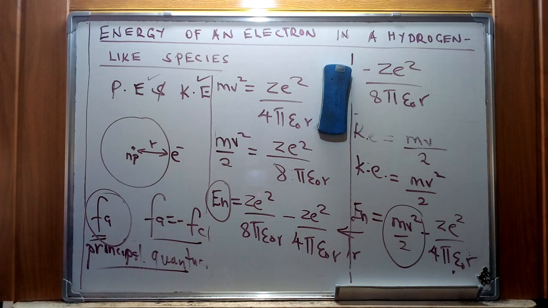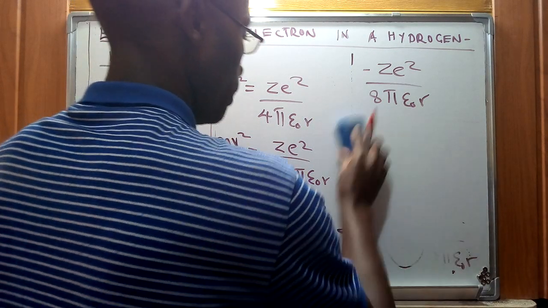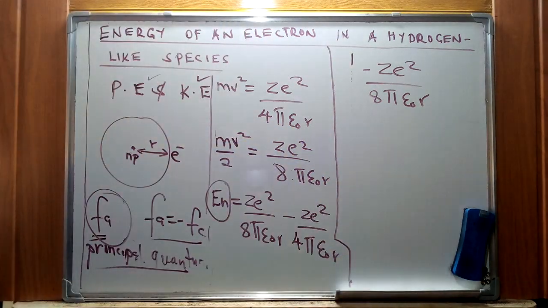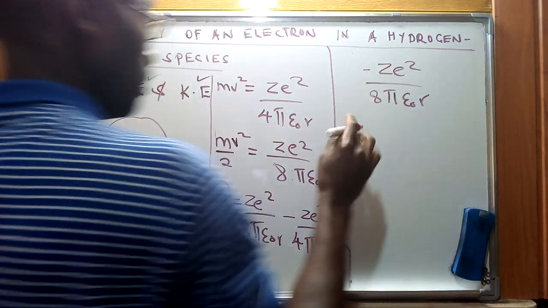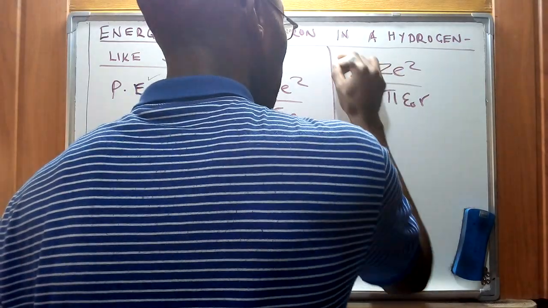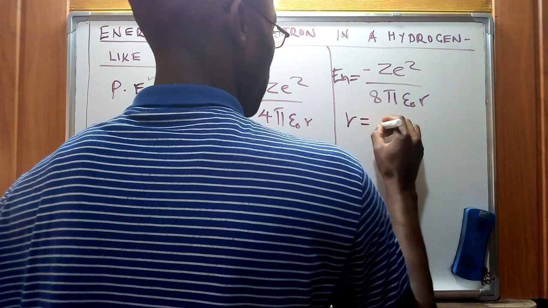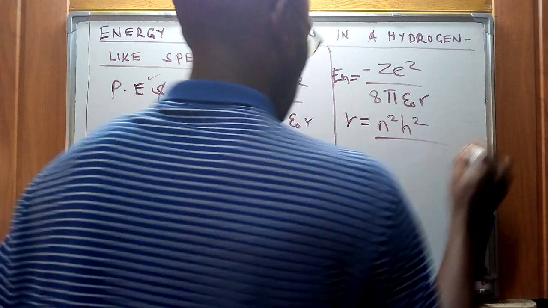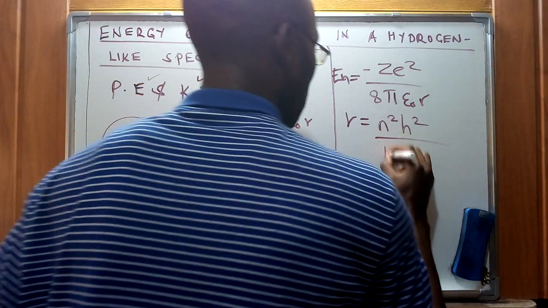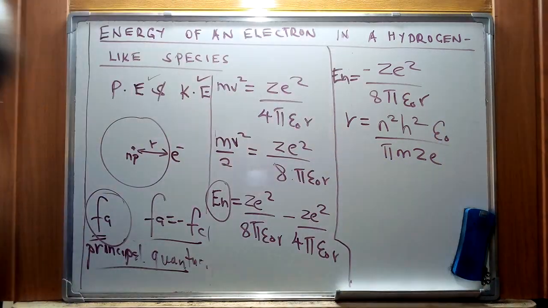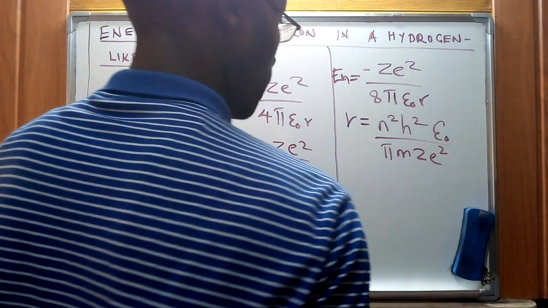But we had mentioned earlier from the first discussion that the r represents the Bohr radius from this hydrogen-like species. So therefore, having seen that this is going to represent En, we can bring in the concept of a Bohr radius from this particular case, and we are given it as r equivalent to n squared h squared, and then this was all over pi m Z e, and there was an epsilon at that particular point, and this is a square of that specific charge.